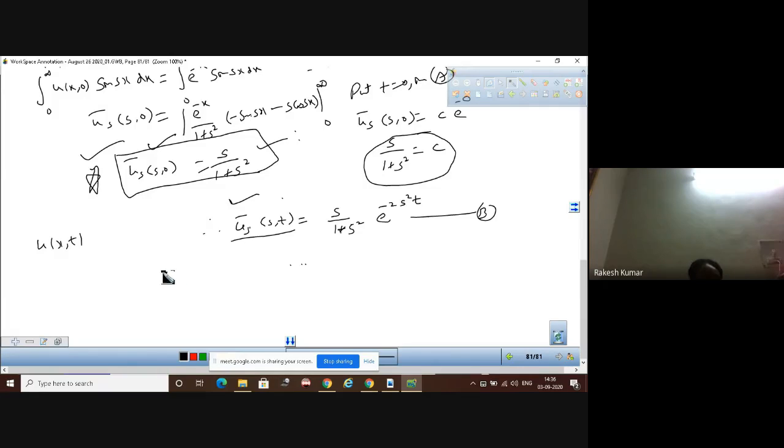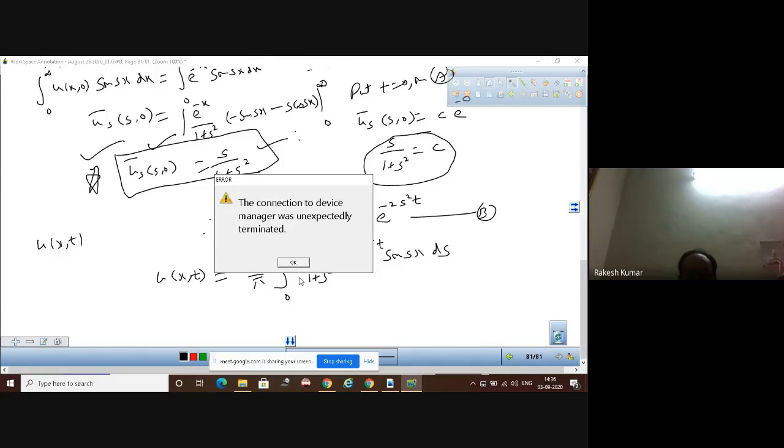Taking an inverse Fourier sine transform gives u(x,t) equals 2 upon pi, the integral from 0 to infinity of s over 1 plus s square times e raised to power minus 2 s square t into sine of sx ds. So this is your value of u.